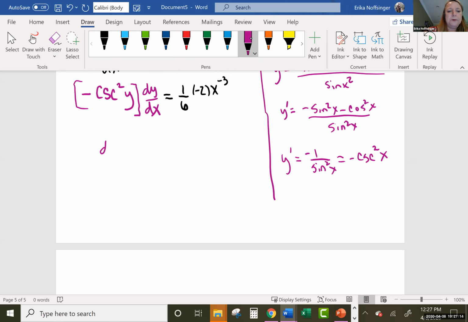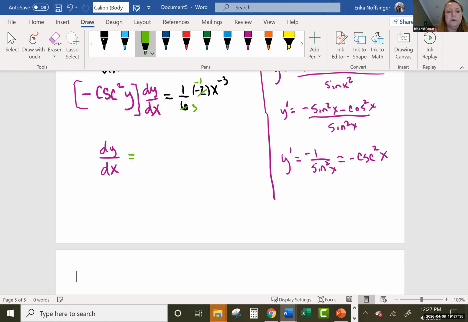I'm going to divide both sides by negative cosecant squared y, so I can get that dy dx by itself. At the same time, I'm going to clean up the other side. So notice the 2 and the 6. We can reduce that, and we can also bring down that x to the -3 into the denominator.